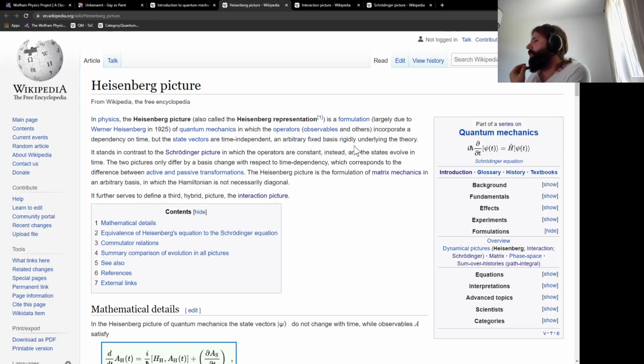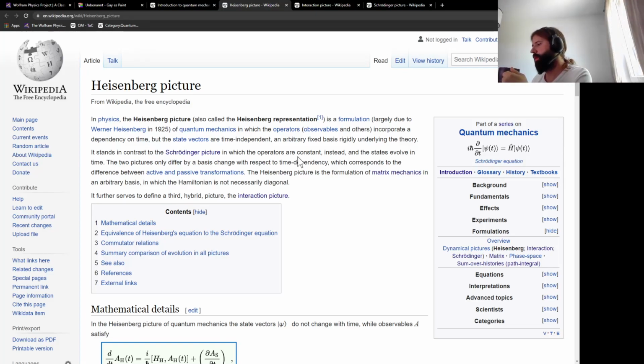Ah, interesting. I never thought about it this way. So in the Heisenberg picture, the states are time independent and the operators evolve. So this means that at a given time, your position operator or momentum operator would be different, and so it would affect the same state differently.